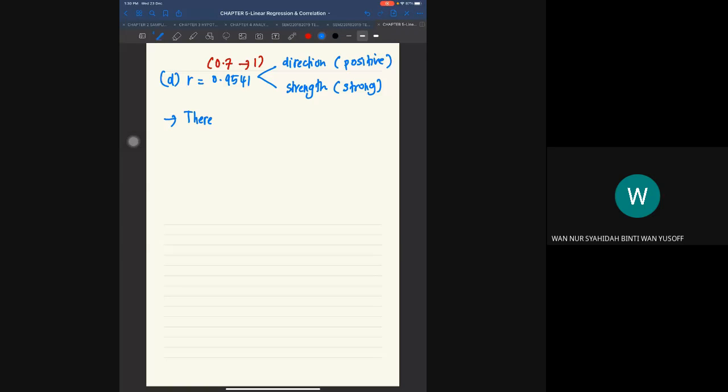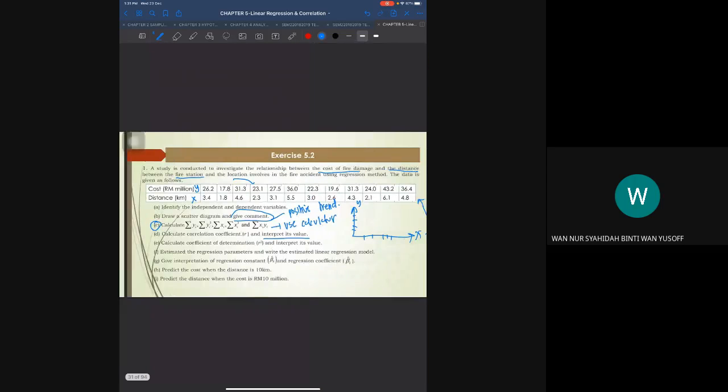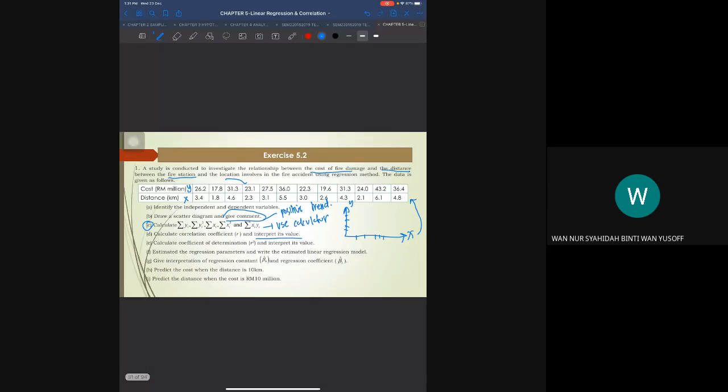So there is a strong positive linear relationship between cost of fire damage and distance of fire location to fire station. You can mention X first or you can mention Y first, it's up to you.